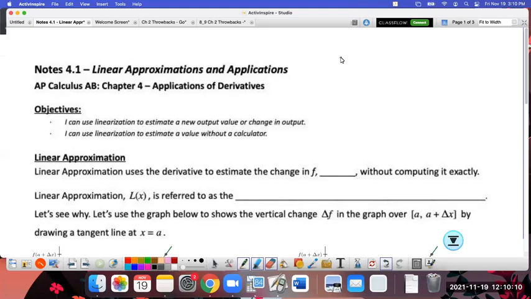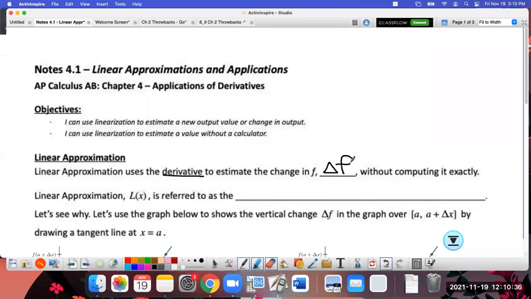So linear approximation uses the derivative, which, remind me, what is the visual for the derivative? How do we visualize that? I'm sure you just said that out loud to yourself. The slope of the tangent line. So we're going to be using the slope of the tangent line to estimate the change in f without actually calculating that change in f.